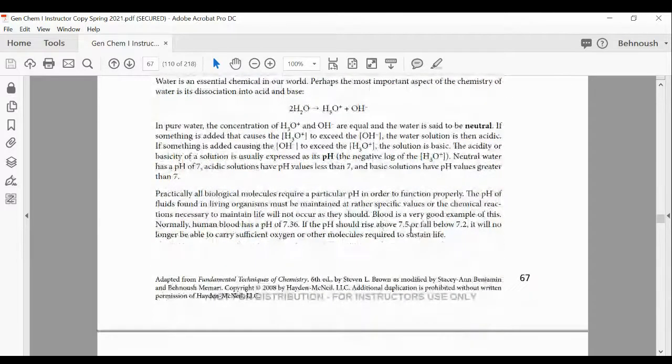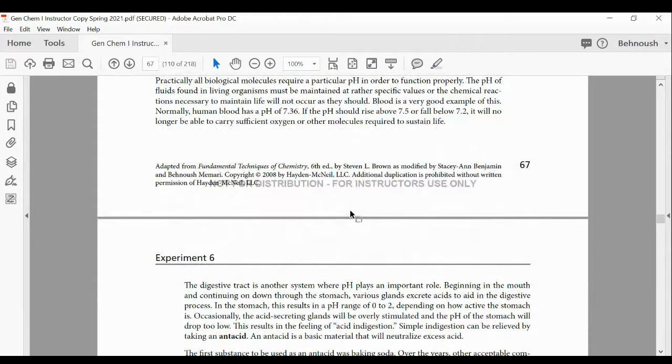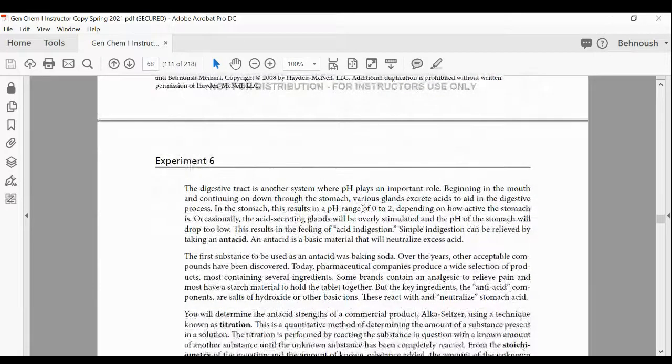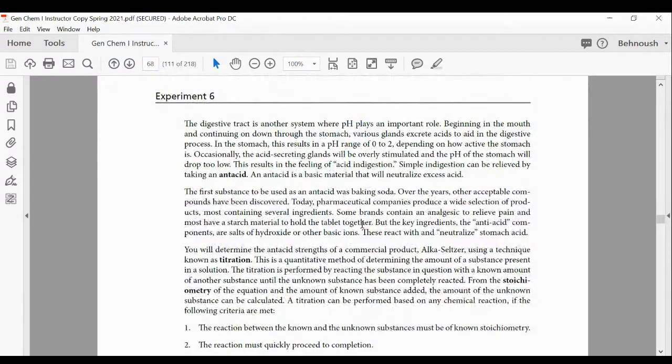When you say water has a pH of 7 and a pOH of 7, that means the concentrations of H plus and OH minus in pure water are the same, equal to 10 to negative 7. For biological molecules, the pH of blood is anywhere between 7.3 and 7.4, and anything higher or lower than that cannot be tolerated.